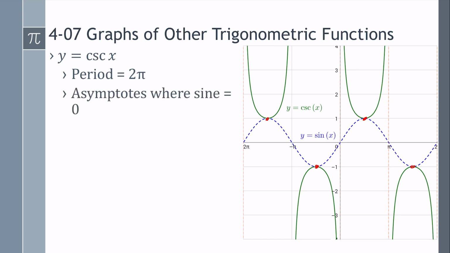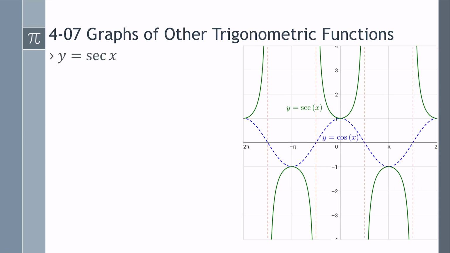And we have the asymptotes where sine equals 0, because then the reciprocal is 1 over 0 or undefined. So that means we have asymptotes at all the x-intercepts of sine. So it'll be 0, pi, and 2 pi.